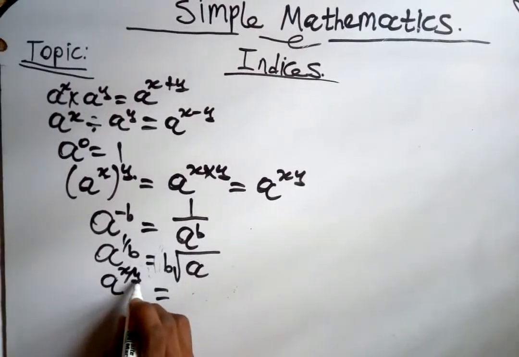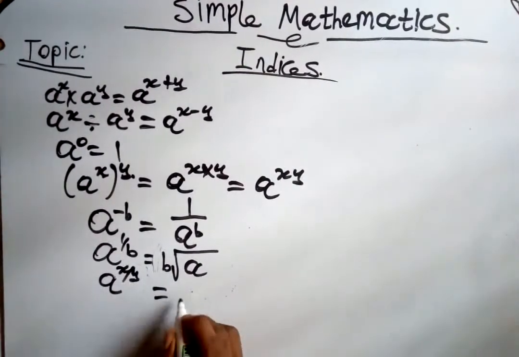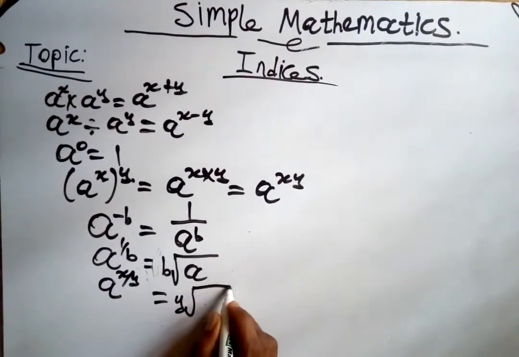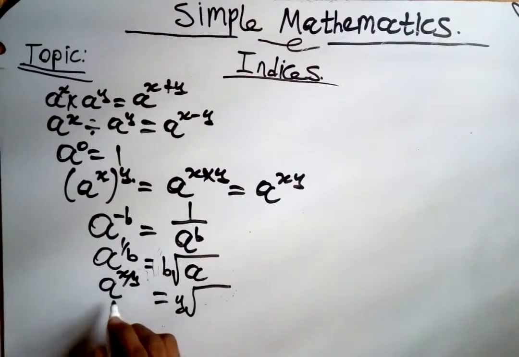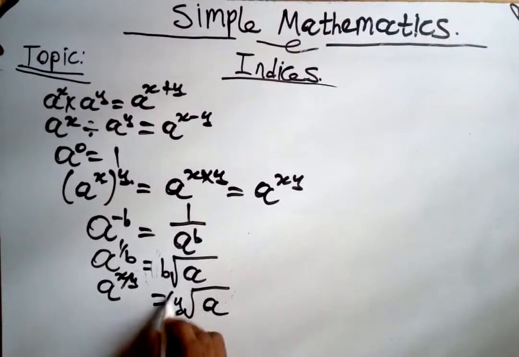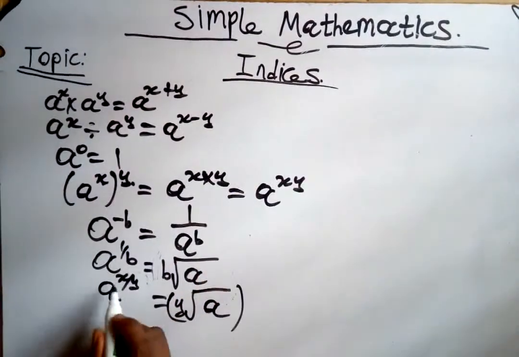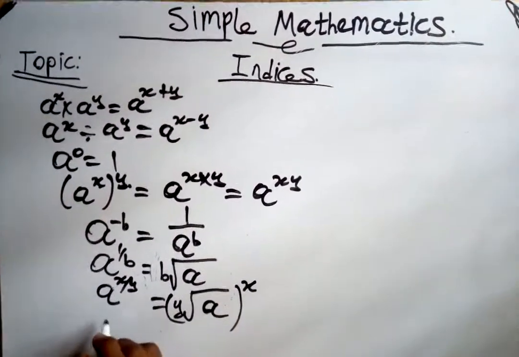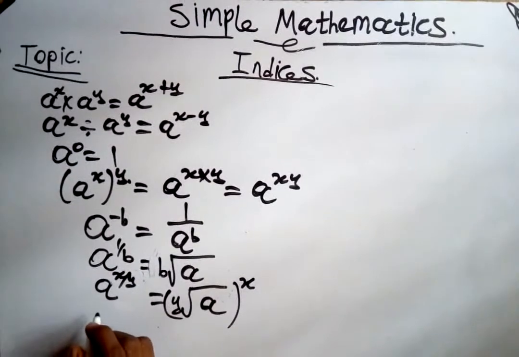The denominator of the power would be the root of that variable, all raised to the power of the numerator, which is x. So it's just simple math.